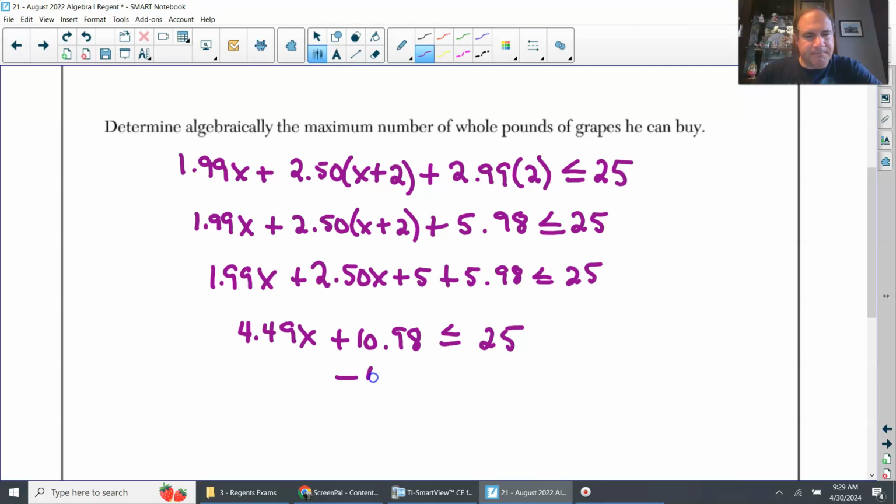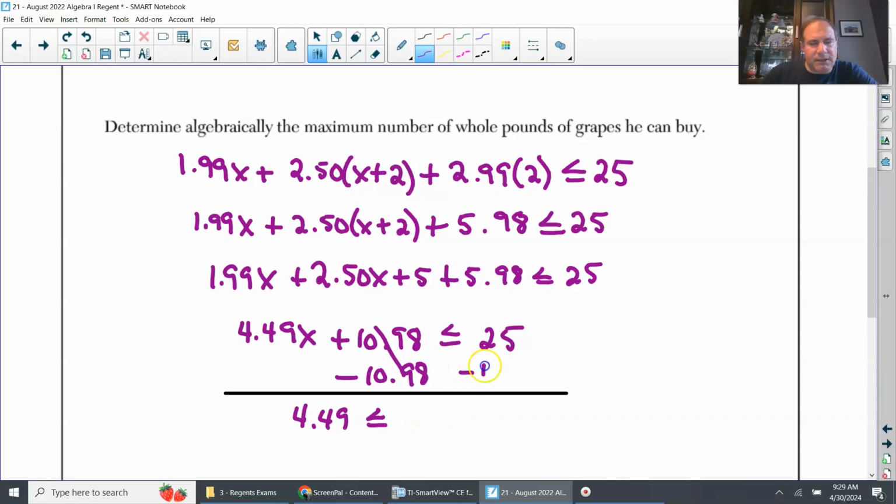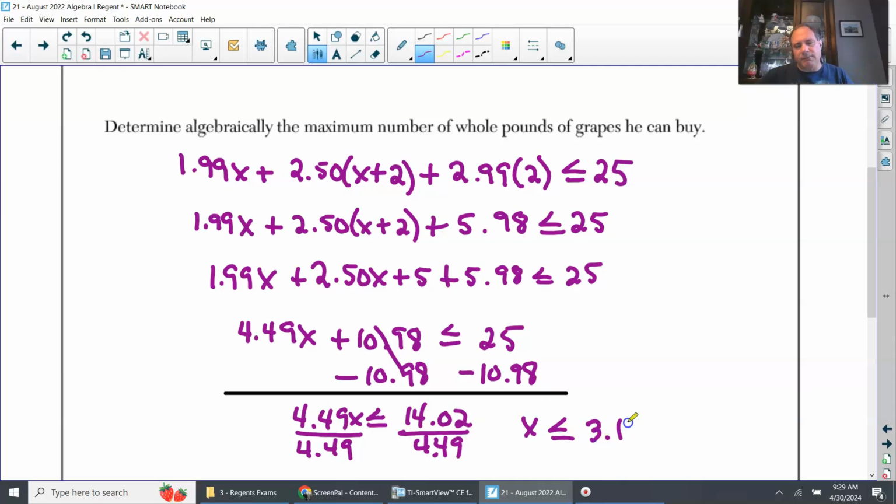Then you just solve it. Subtract the 10.98 on both sides. This cancels. You have 4.49x less than or equal to 25 minus 10.98. Don't forget that. And then this is 14.02, and you divide by 4.49. So x is less than or equal to 3.12.